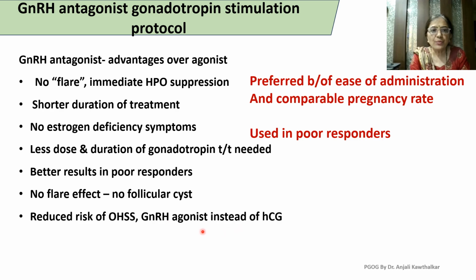And that is the advantage of this antagonist protocol, that instead of HCG we can use GnRH agonist, because HCG use is associated with increased risk of OHSS. This antagonist protocol is a preferred protocol because of its ease of administration and comparable pregnancy rate, and it is especially more effective in poor responders.